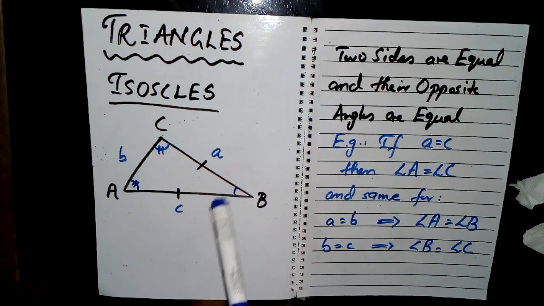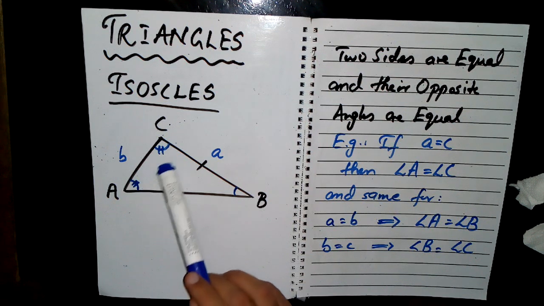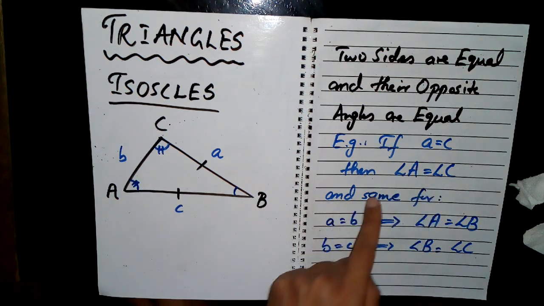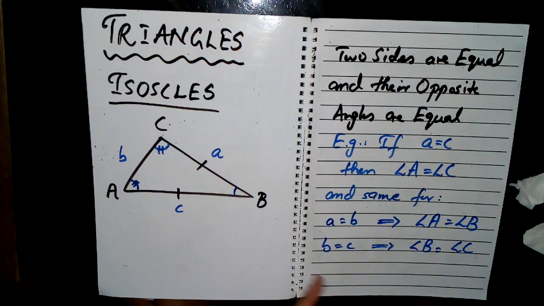If these two sides are equal, then their opposite angles must be equal. If a equals c, then angle A equals angle C; if a equals b, then angle A equals angle B; and if b equals c, then angle B equals angle C. That's the property of an isosceles triangle.